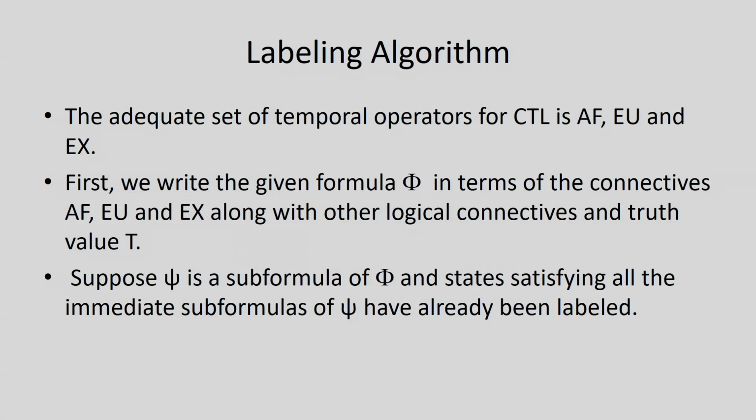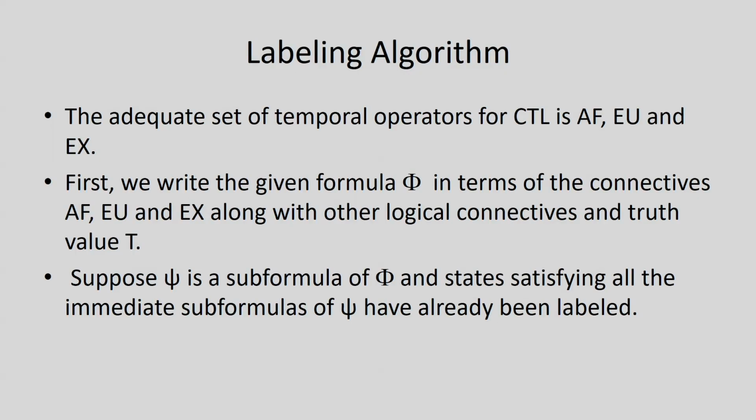Now, what are we going to look for in the labeling algorithm? Already we have discussed that in CTL we have temporal operators, and temporal operators are preceded by the path quantifiers A and E. We have several CTL operators, but already we have said that there is an adequate set of operators, with the help of which other operators can be derived.